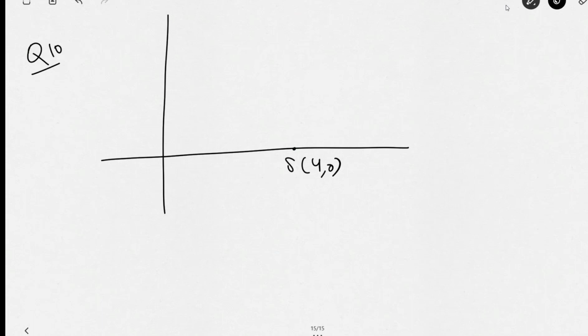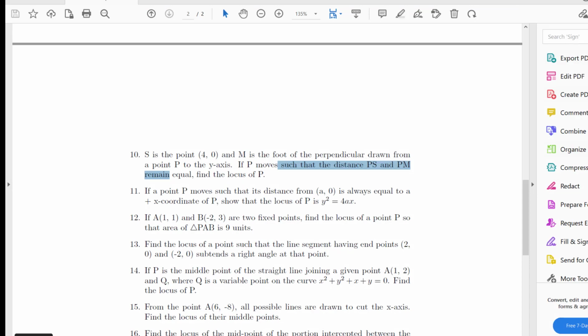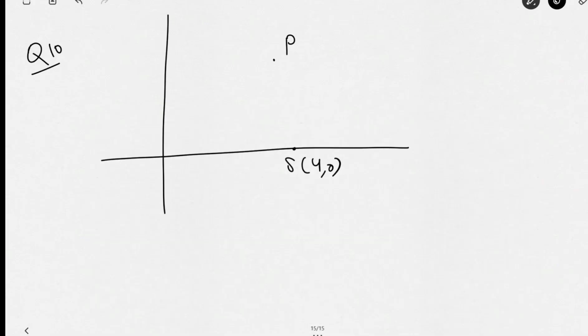P could be any point, and we need to find the locus of P. So P will be alpha beta. And M is the foot of the perpendicular.